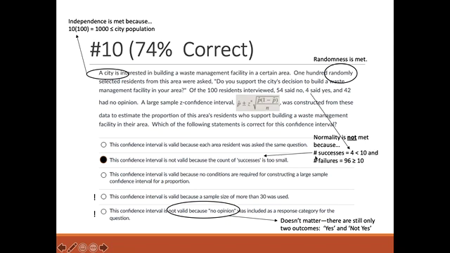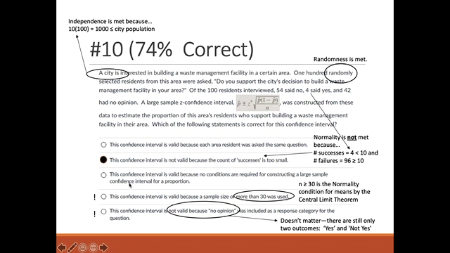Normality is not met because the number of successes is only 4. 4 people said yes, that's less than 10. The number of failures, the people that are not saying yes in total, that's 96. That's greater than or equal to 10. So that's why the confidence interval up there is not valid, because the success count is too small in order to use this method that we've been studying.